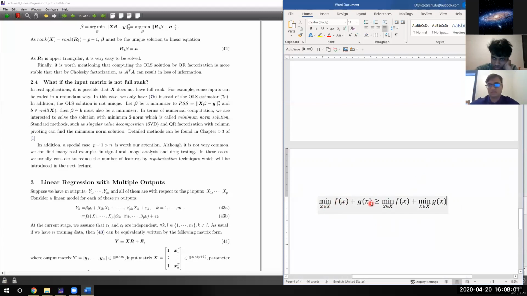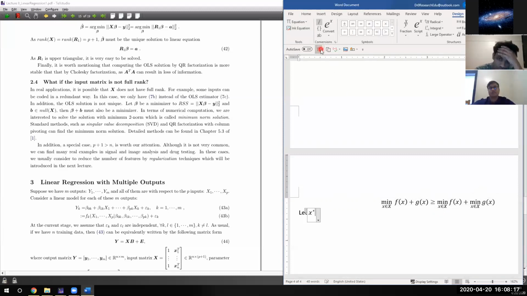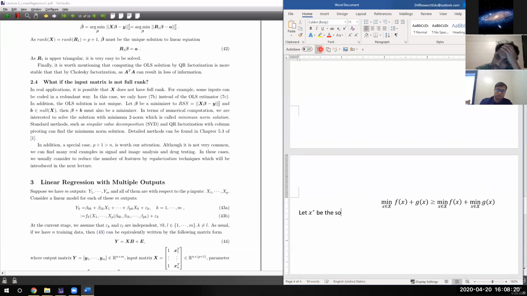Suppose x star is the solution of this part. And then if you plug in this f(x), okay, let me write it down. Let x star be the solution to the left-hand side, okay?